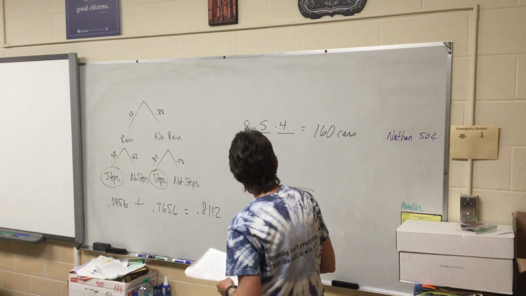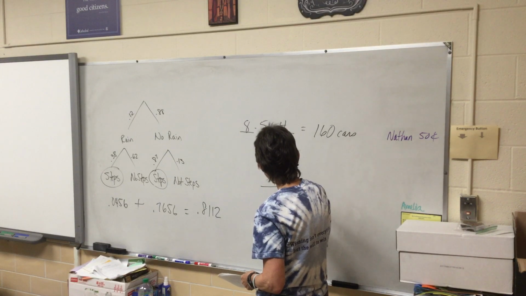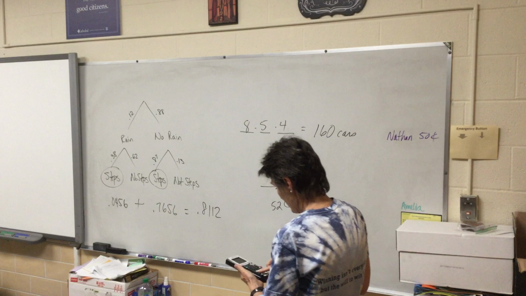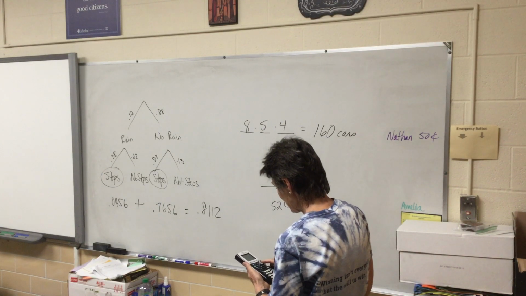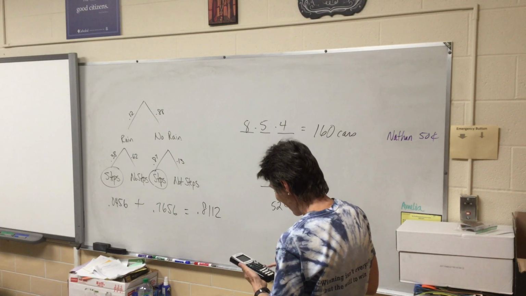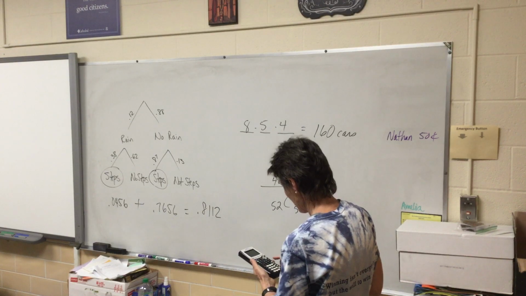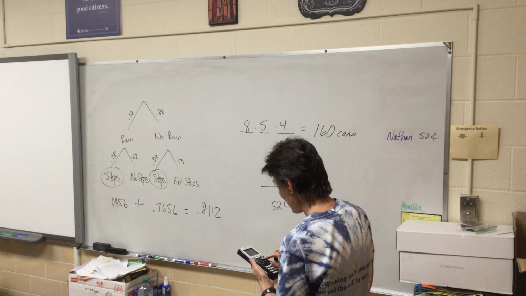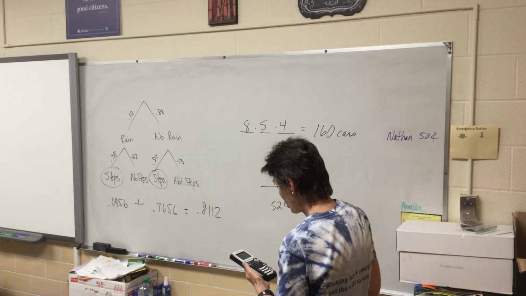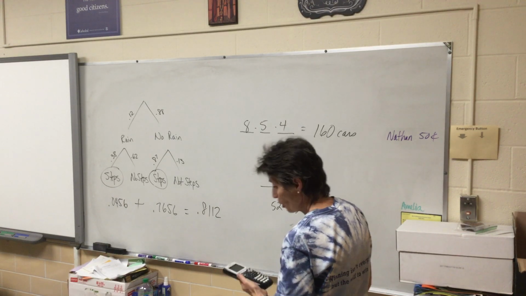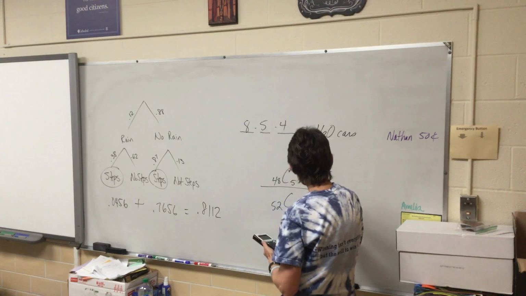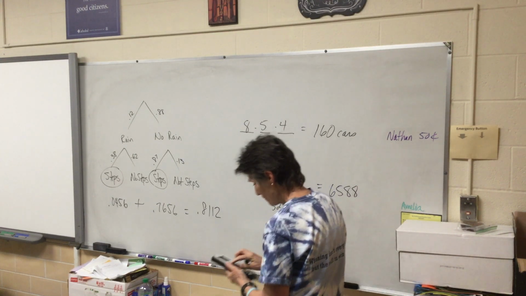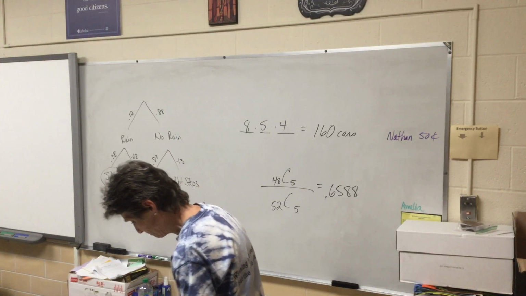If I take those out, then there are 48 cards for me to pick from. So 48C5, those are the non-aces, divided by 52C5, which are the total cards, and that is 0.6588. Obviously, I need a calculator for that.